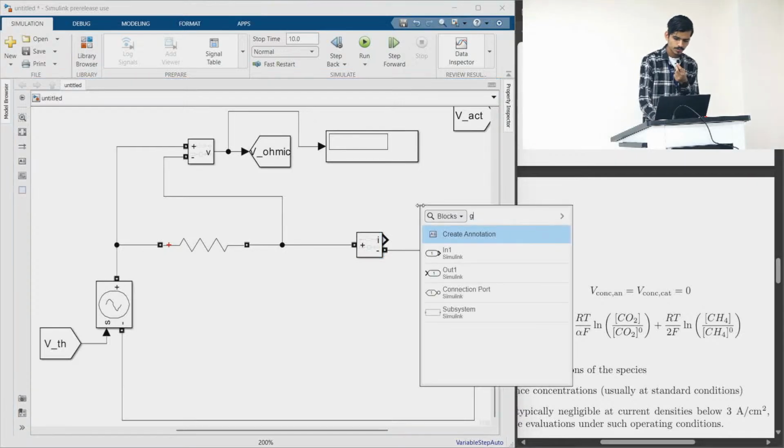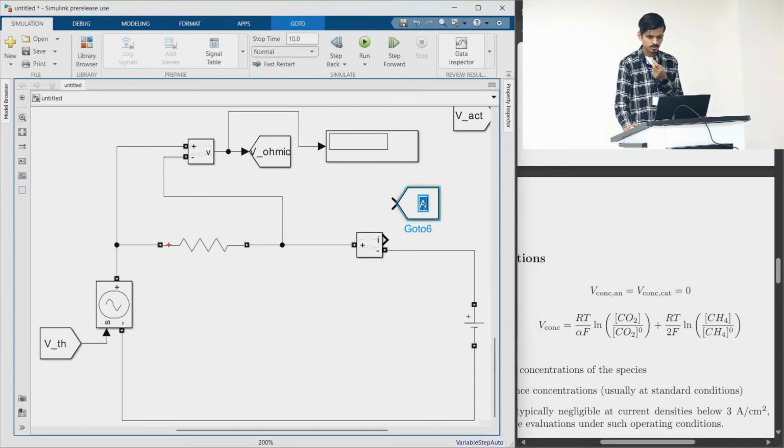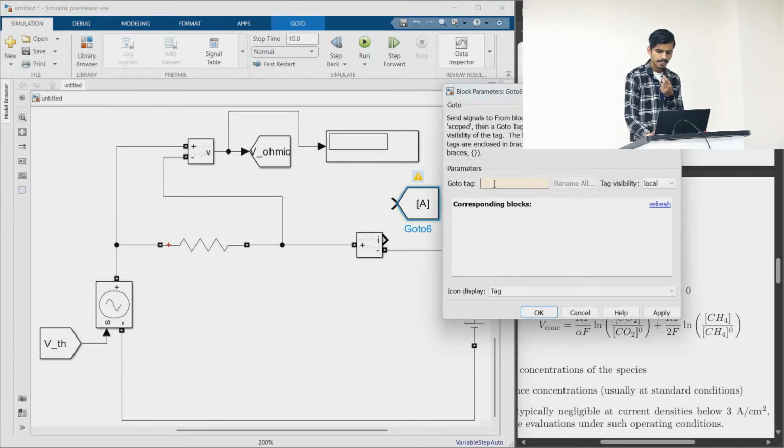One more Goto, and name it as I. Like in the activation potential calculation, we defined that variable I. So from this circuit, we are calculating that value.